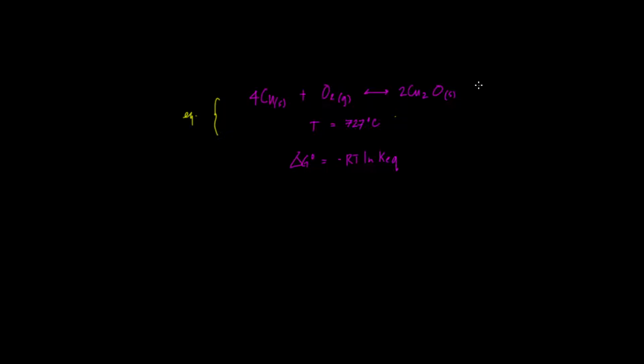So let's just say for this system, we want to know what the eventual partial pressure of O2 is. Ano yung magiging PO2 niya, okay? Partial pressure of oxygen once we have attained that equilibrium at this specific temperature, okay?